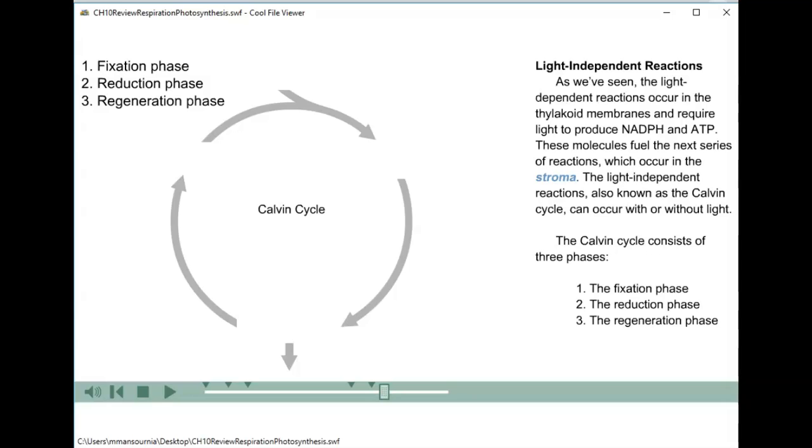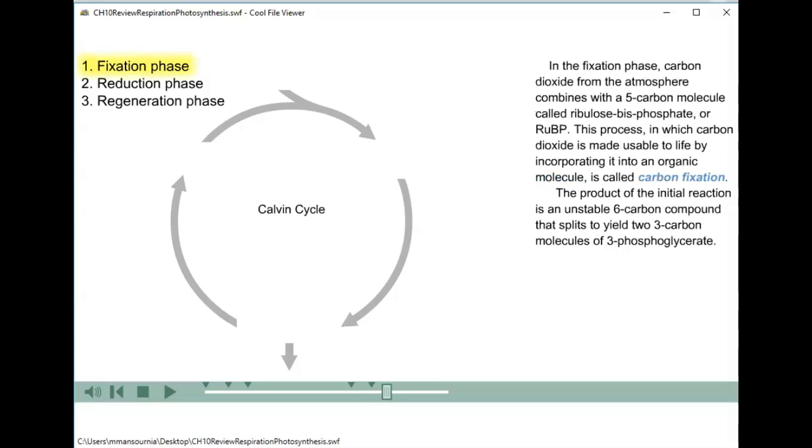The Calvin cycle consists of 3 phases: the fixation phase, the reduction phase, and the regeneration phase. In the fixation phase, carbon dioxide from the atmosphere combines with a 5-carbon molecule called ribulose bisphosphate, or RUBP.